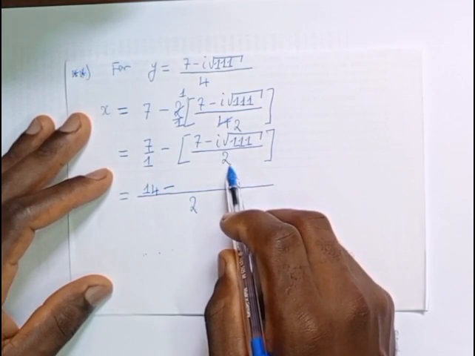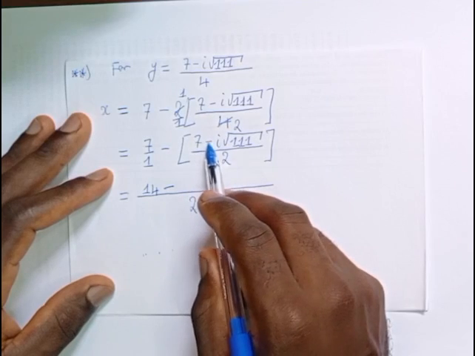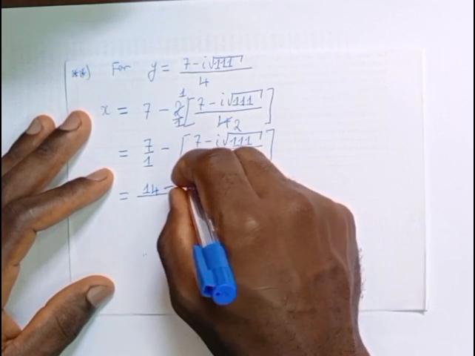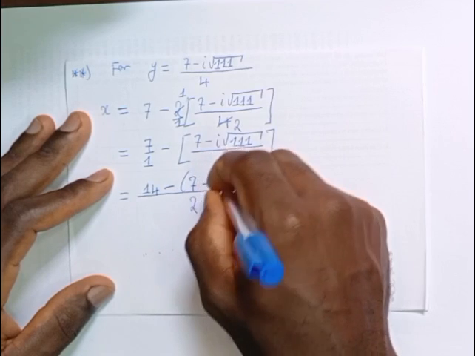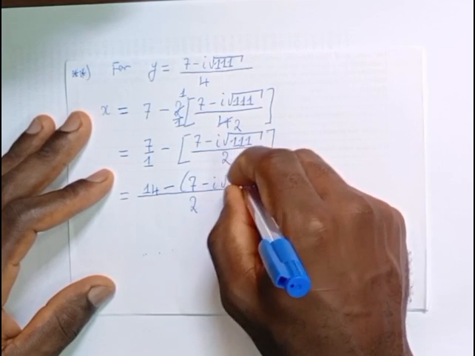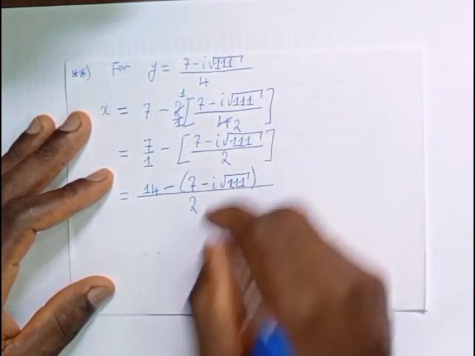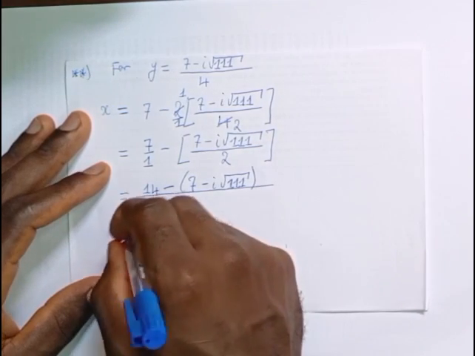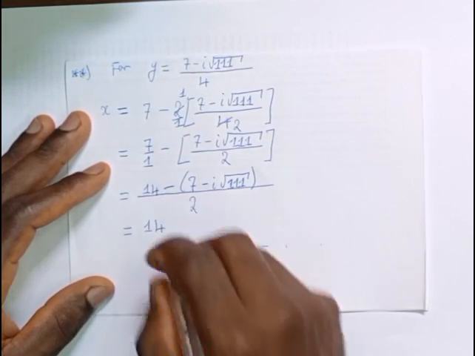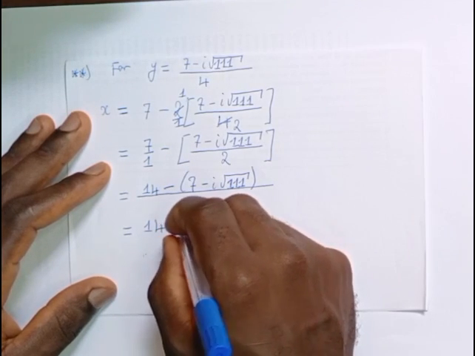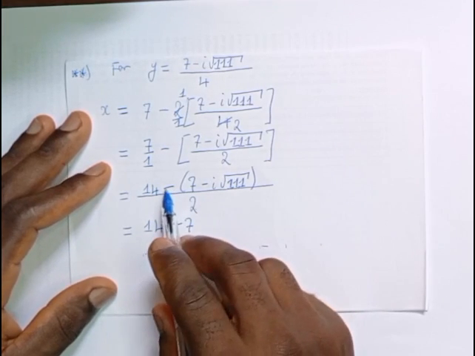2 divided by 2 gives us 1. 1 times 7 minus i root 111 remains 7 minus i root 111. We put this in brackets. This will simply be equal to 14. We have to expand this bracket. That means multiply through by negative 1. 14 minus 7.